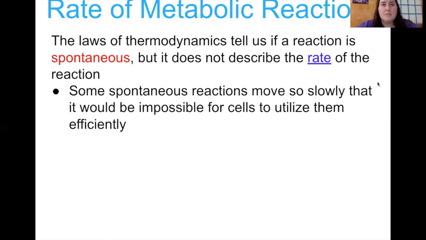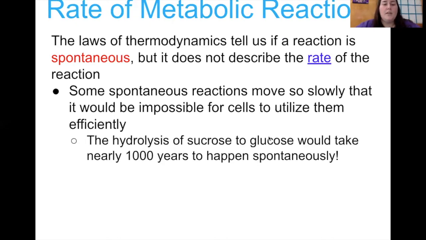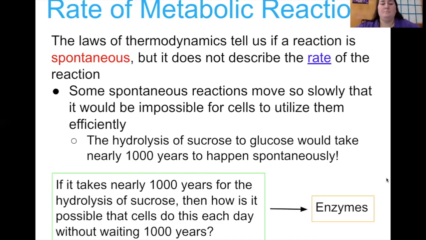Some spontaneous reactions occur slowly unless we add something to speed them up. The hydrolysis of sucrose to glucose would take about 1,000 years to happen on its own if we didn't add something to speed it up. It would take years for those molecules to break down.